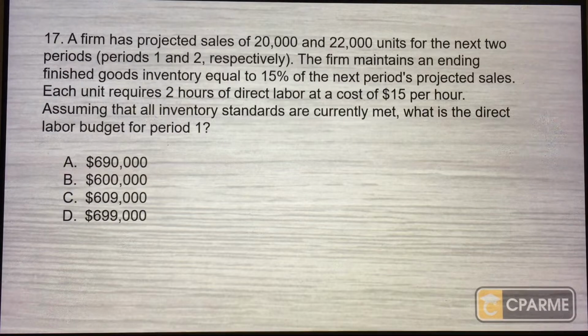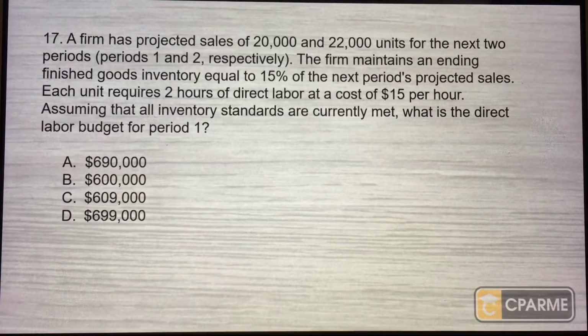So that's the number of units produced, multiplied by the standard direct labor hours, which is 2 hours per unit, then multiplied by 15. So what's the answer after adopting those figures that I have mentioned?